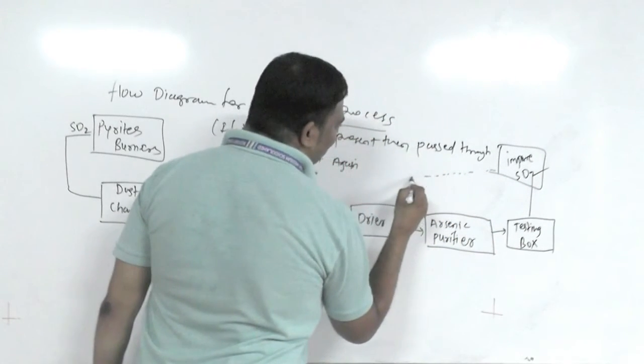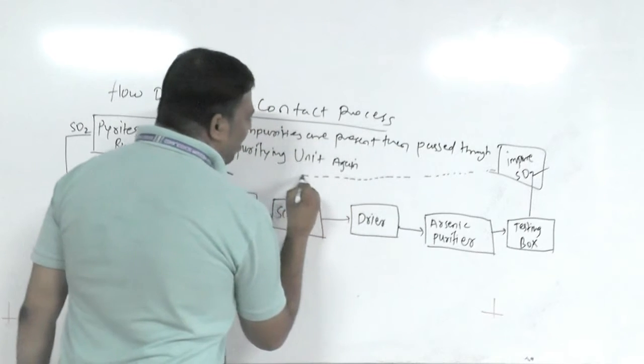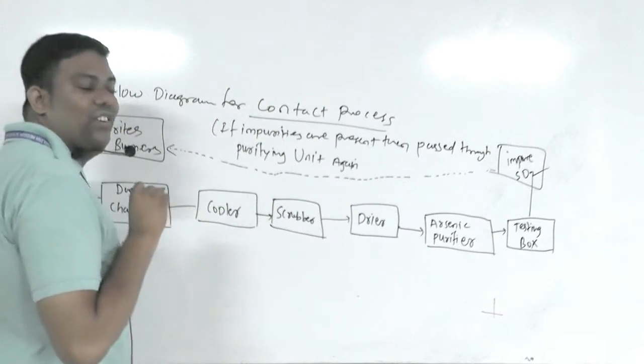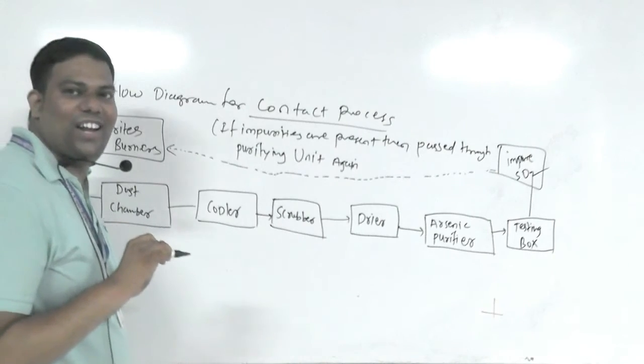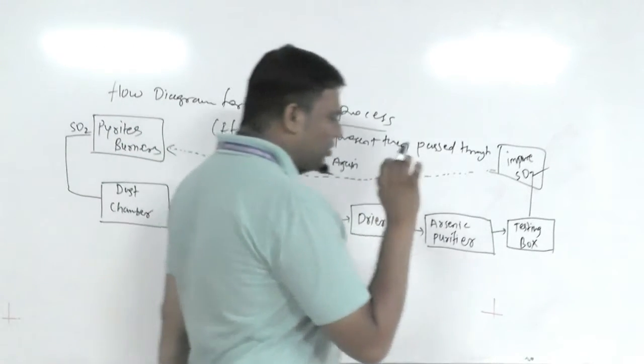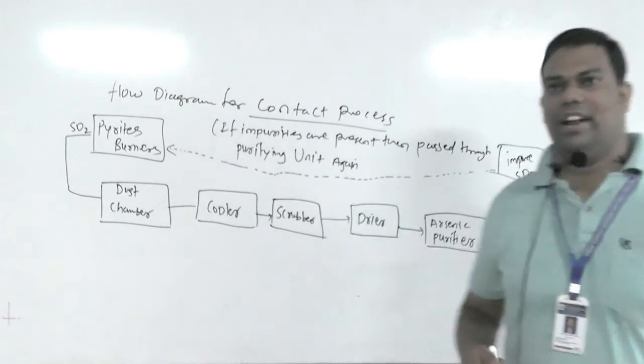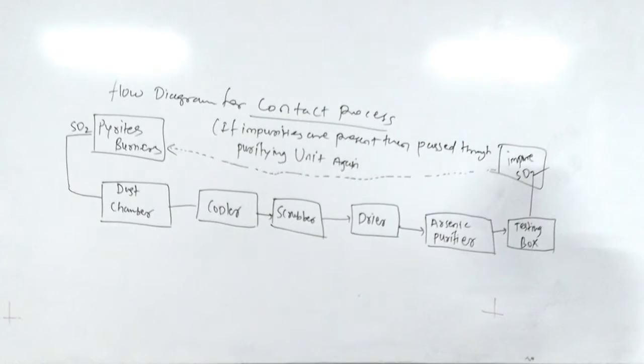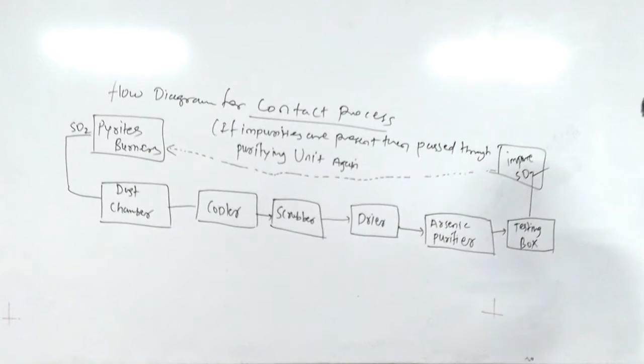You can mention this with some dotted lines. Why dotted lines? Because suppose we got impure sulfur dioxide somewhere, then we have to pass it through the purifying unit.